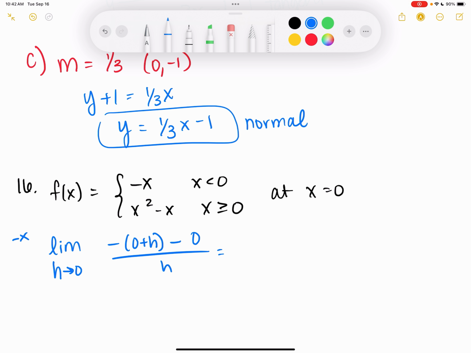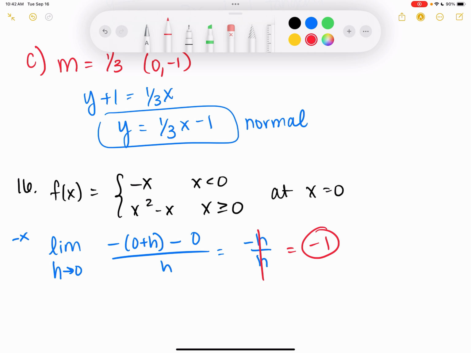This is going to give me a negative h over h, which I still can't plug in 0. I'd have to reduce it down. So when I do that, I'm left with just a negative 1. So that is the slope of the tangent line for that function.